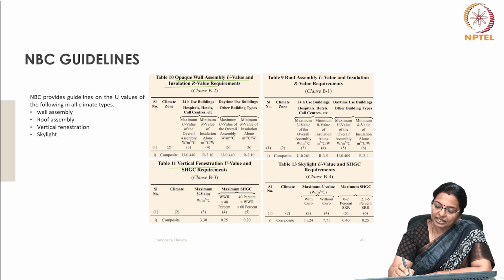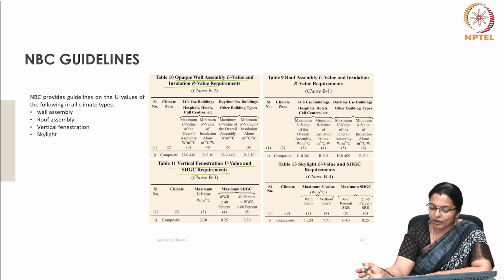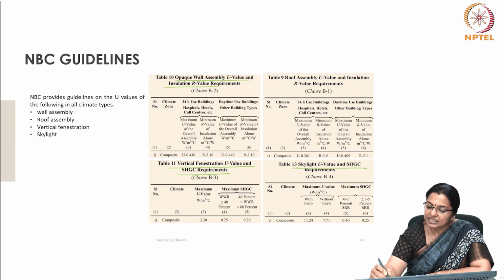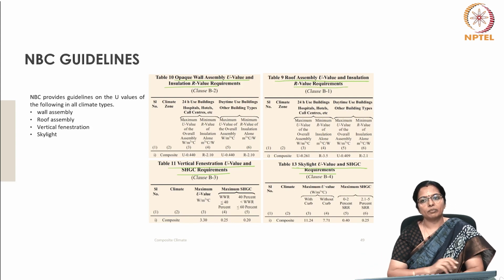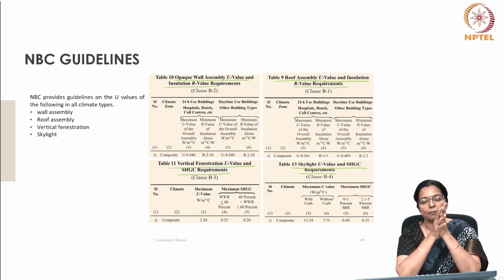Also, vertical fenestration U values and SHGC requirements are given. Skylight U value and SHGC requirement are given. Roof U value and insulation R value requirements have also been prescribed by NBC.